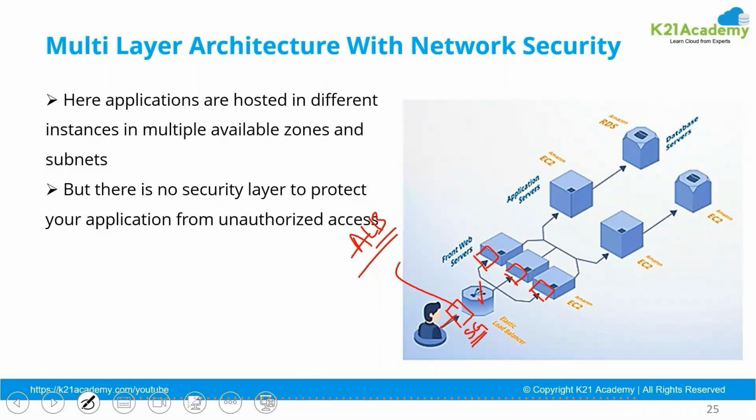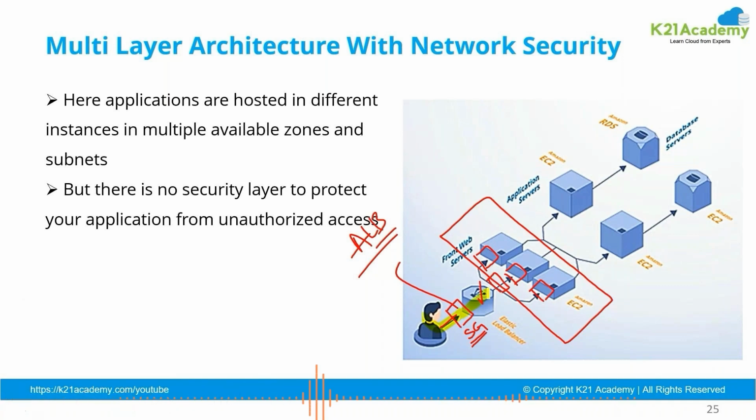In fact, if these front-end servers are members of a subnet, then even before the security group there will be a NACL taking care of the security. After the security group of the load balancer, it will be the NACL of the subnet and then the security group of your EC2 instance.